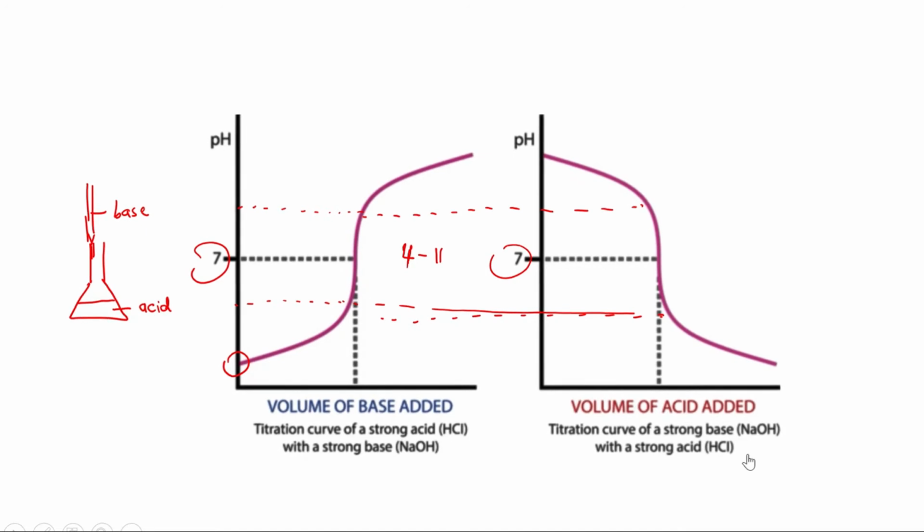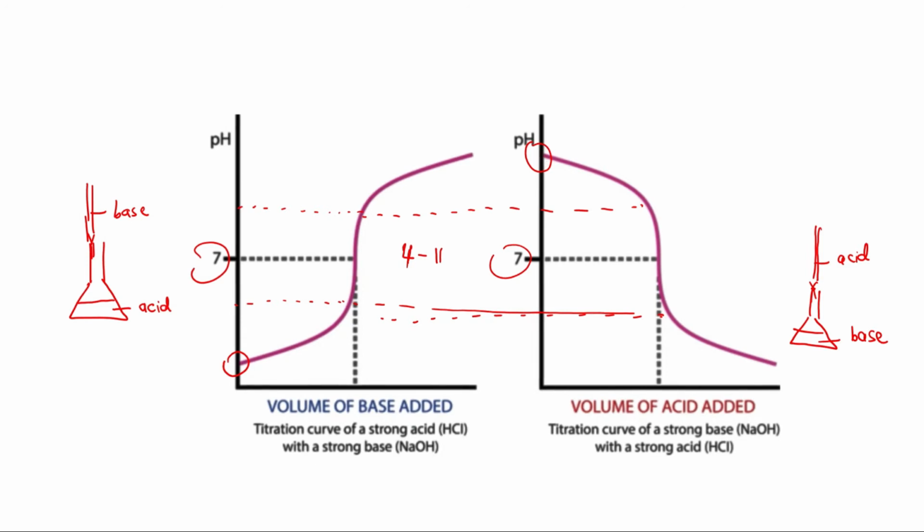Meanwhile, if there is another case where inside the conical flask is the strong base, meanwhile the titrant is the acid, we are going to start the titration curve with a very high pH, indicating that this is a strong base initially.